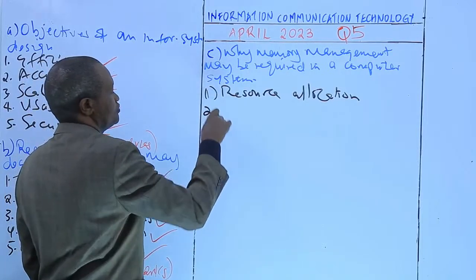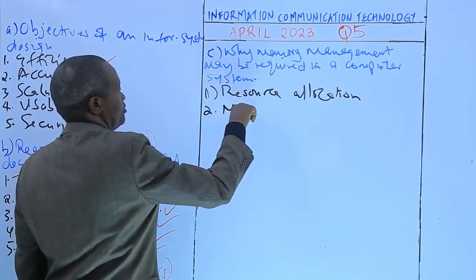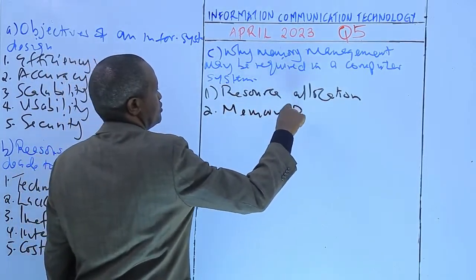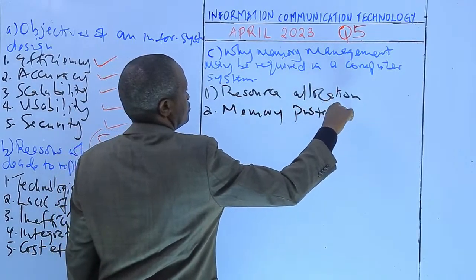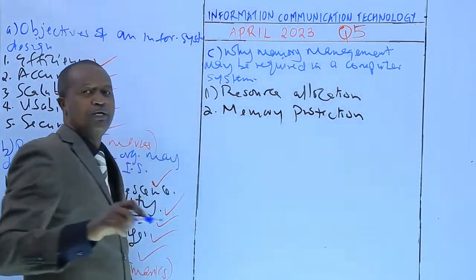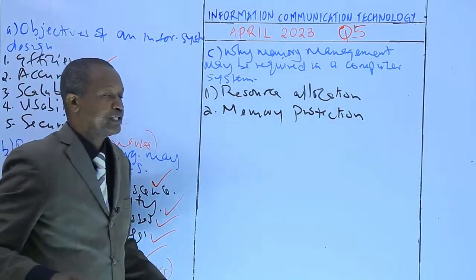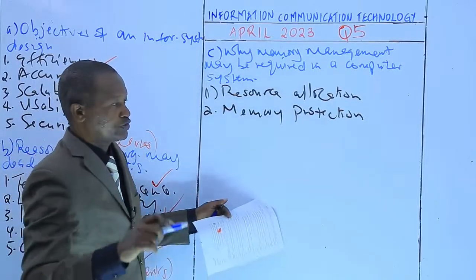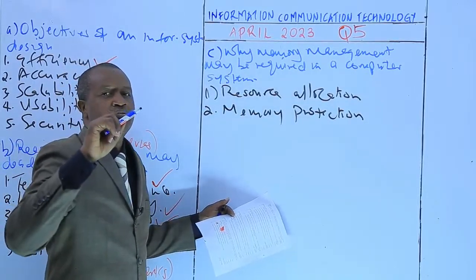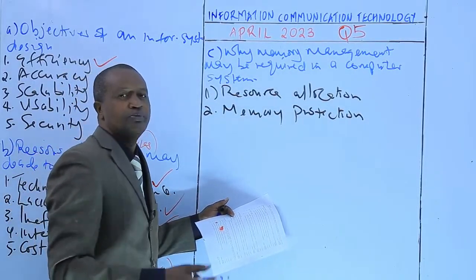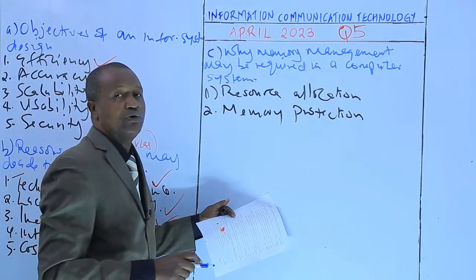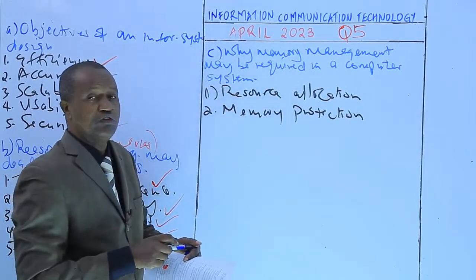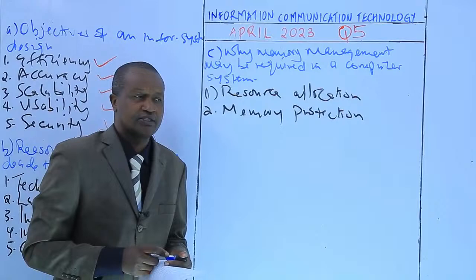Number 2, memory protection. Memory management enables protection mechanisms to prevent unauthorized access or even modification of memory areas.